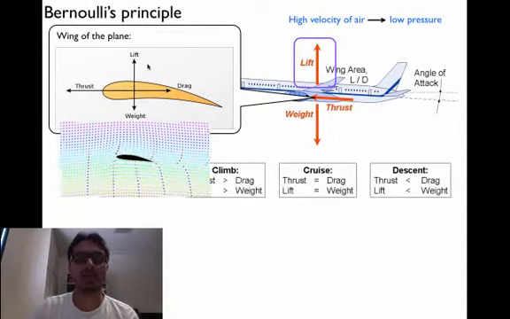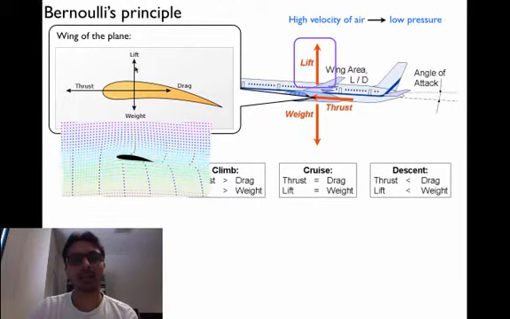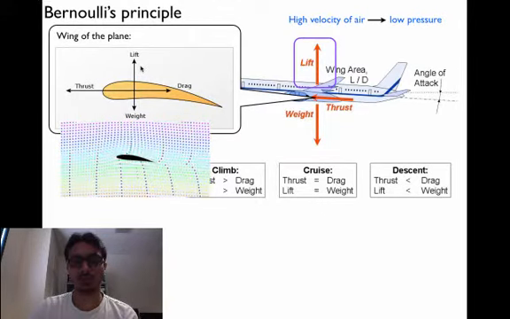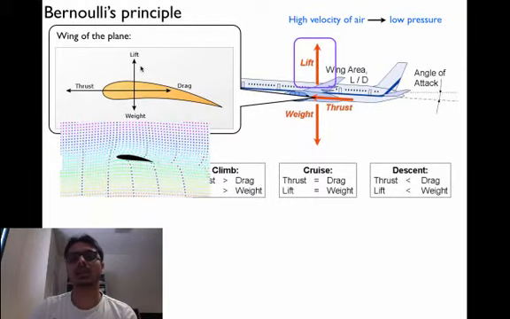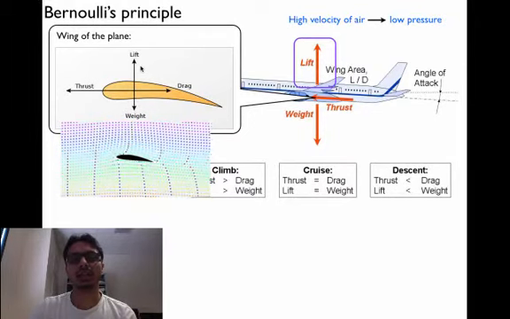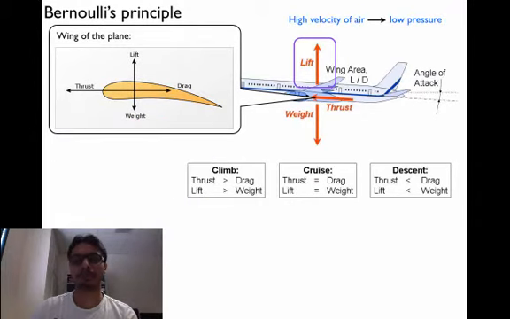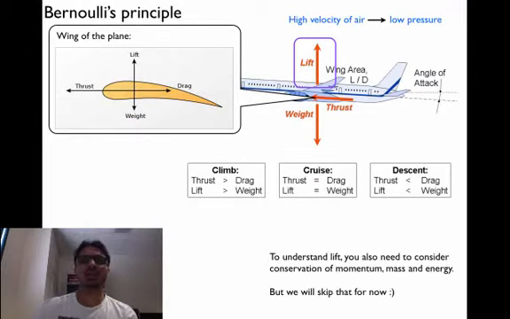And since the air above the wings is at higher velocity, the pressure above the wing is also low. Just like in our demo earlier, there is an upward force, that is lift, acting on it. To understand lift precisely, you will also need to look into conservation of momentum, mass, and energy, but we'll skip that for now.